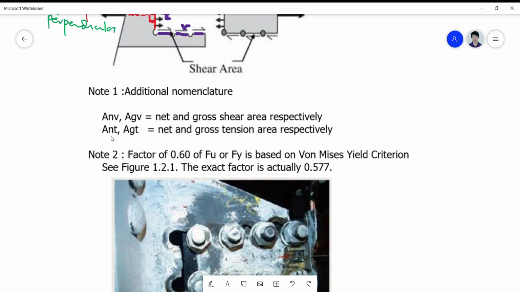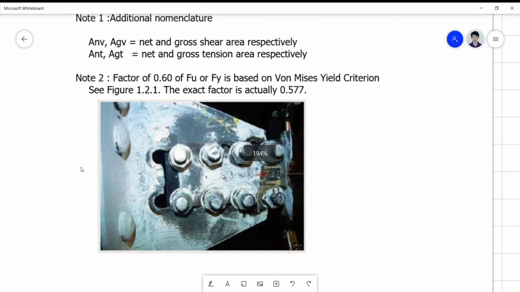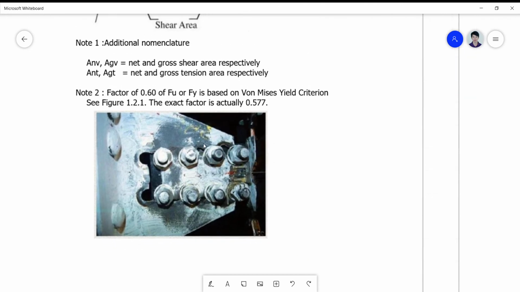So you call this now the net and the gross tension area. So you just look into the nomenclature. I just got a photo of how the tension fracture and the shear fracture happen in actual situations.